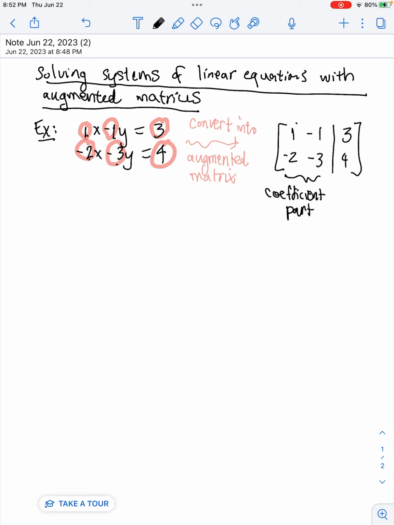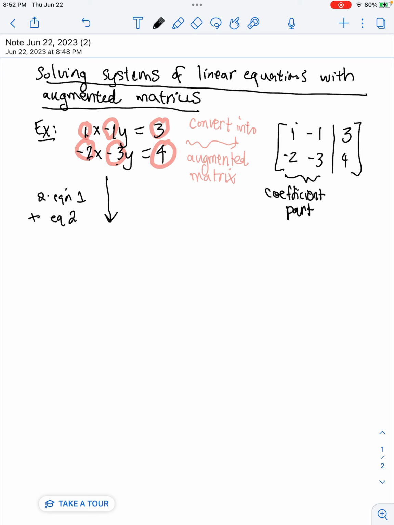Okay. And of course, what you would do to this system of equations on the left, you can match up with the right. So if you have something on the left, I guess we can multiply the first equation by, how about 2? So 2 times equation 1, and then you add it to equation 2.